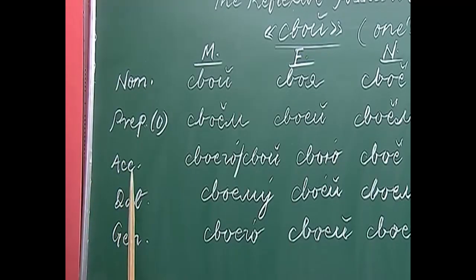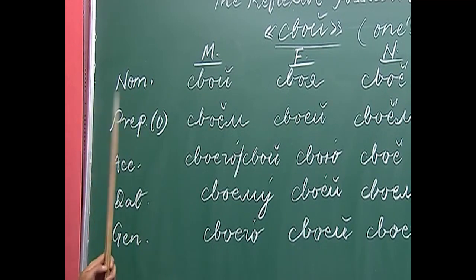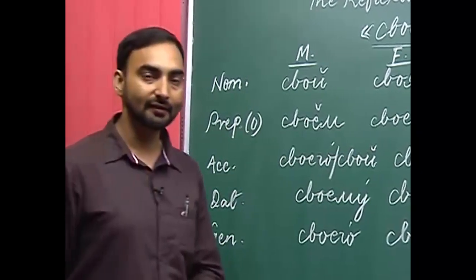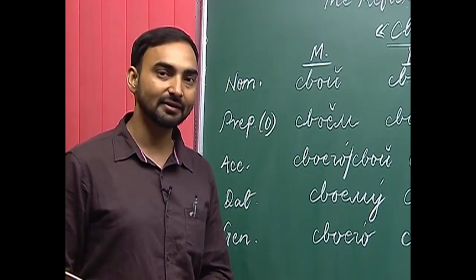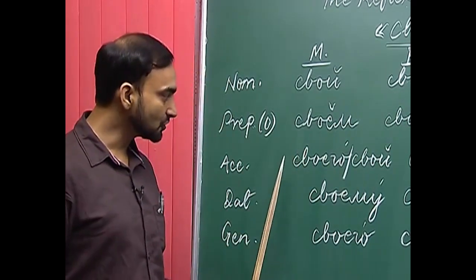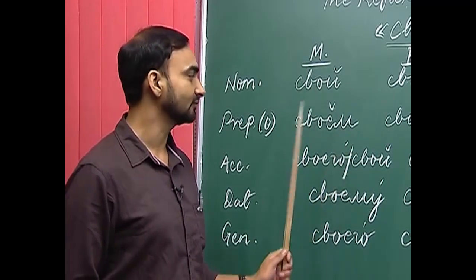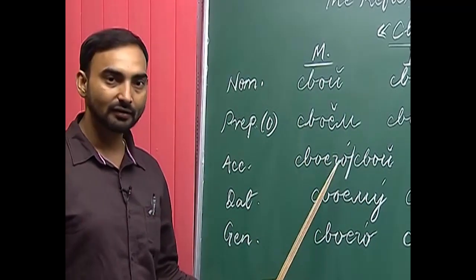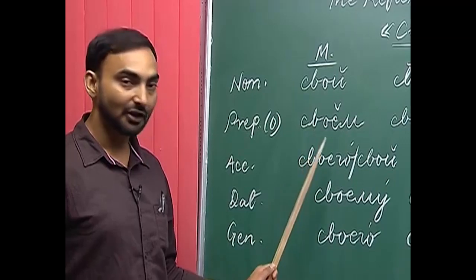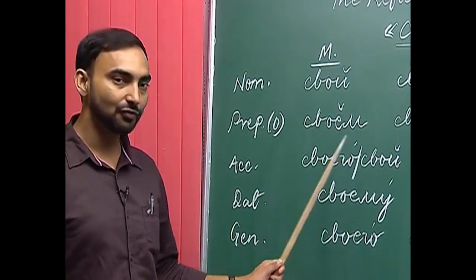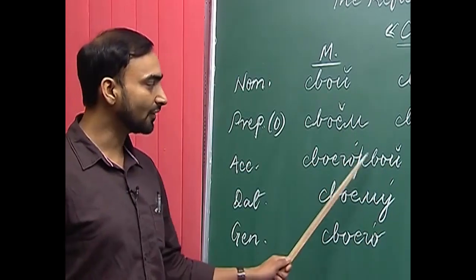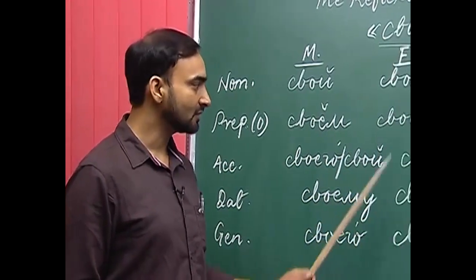The next case we have is accusative. Accusative we have already discussed, there is a distinction between animate and inanimate nouns. That is why I have written two forms in the masculine. Своего denotes the animate nouns. So, своего will be used with animate nouns and свой with inanimate nouns.